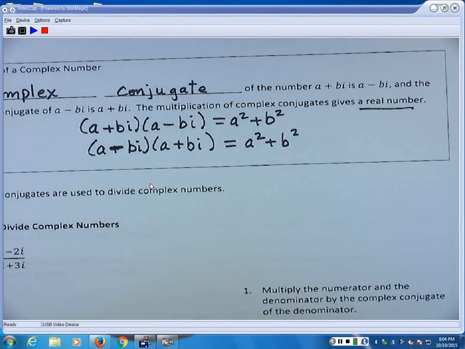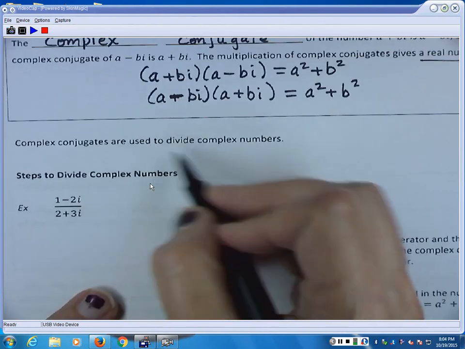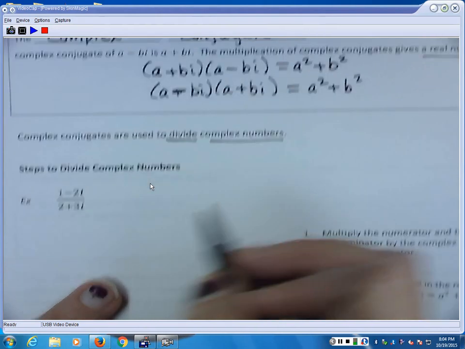It doesn't matter if you switch the order. You could FOIL that out and see you get a squared plus b squared. Do you see any i's in that? No. So it's a real number. So that's why we use complex conjugates when we divide complex numbers.